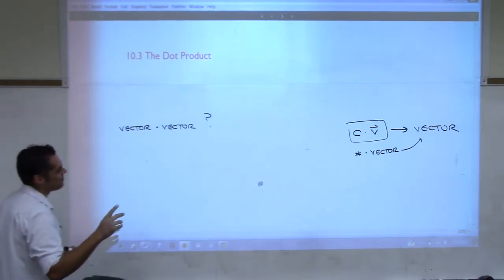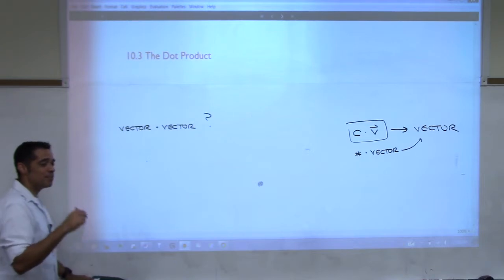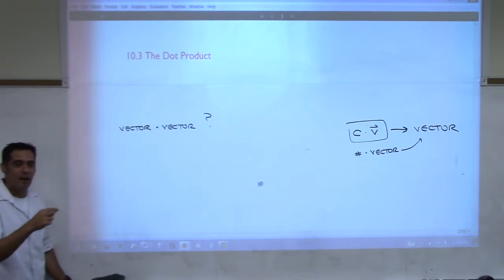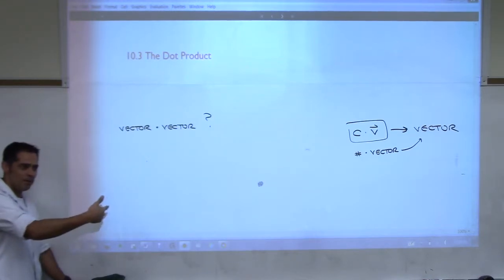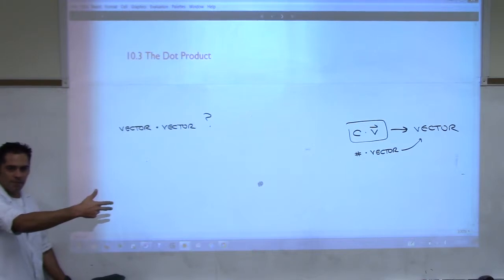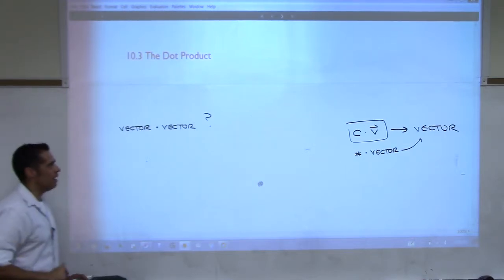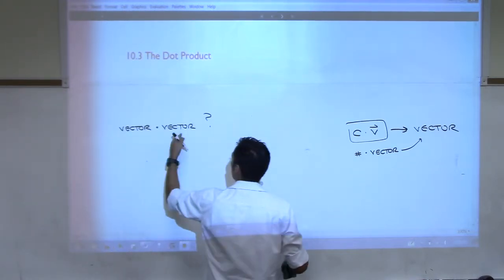So if we say vector times vector, you actually have to ask me, what multiplication are you talking about? Because there's two of them. There's the dot product and there's the cross product. The first thing we're going to learn is the dot product, and then we'll learn the cross product. Understand? Okay.